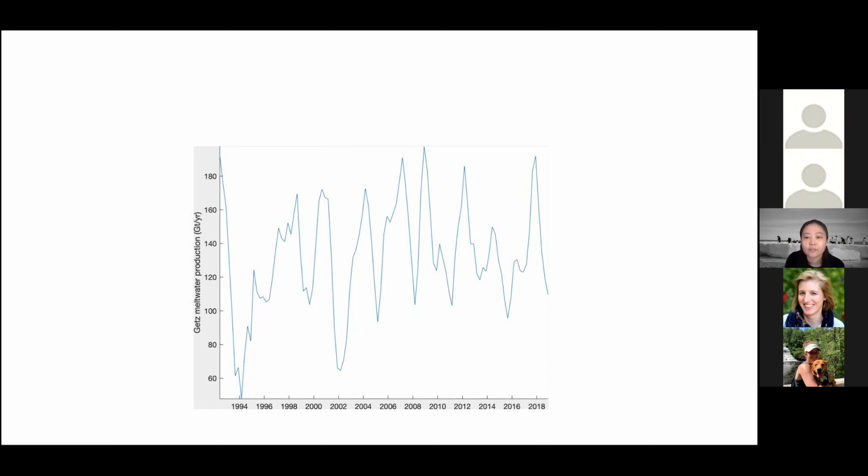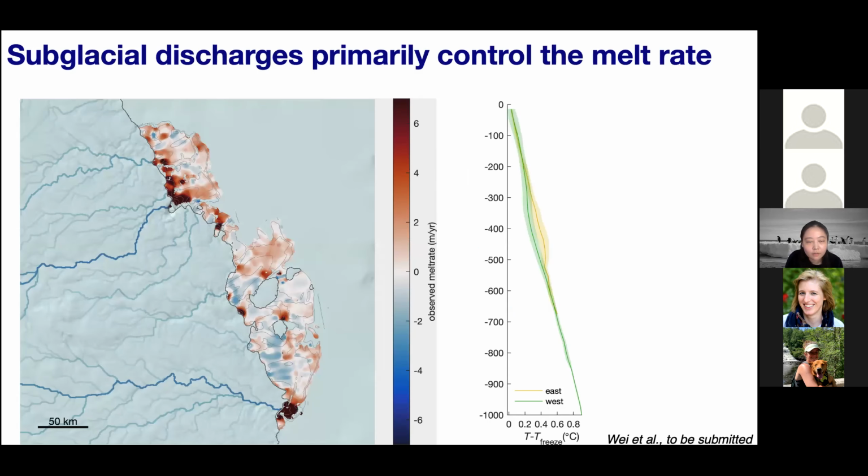Yes, so for the observed melt rate, I'm trying to find a figure. So the blue area is basically melt rate below 0. Is this what you were asking? Exactly, yeah.